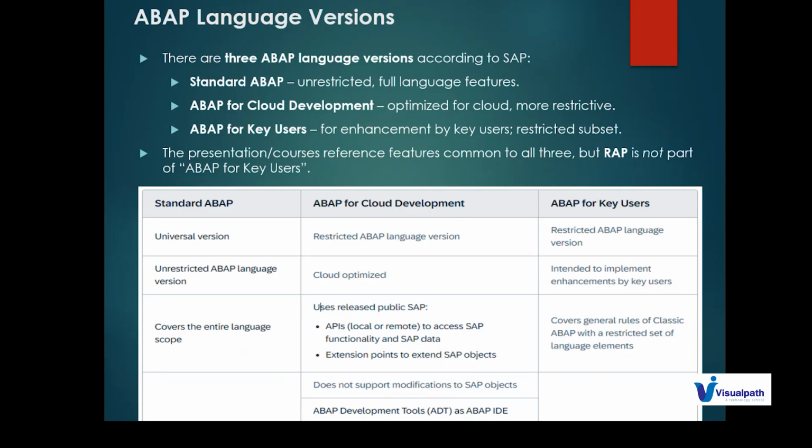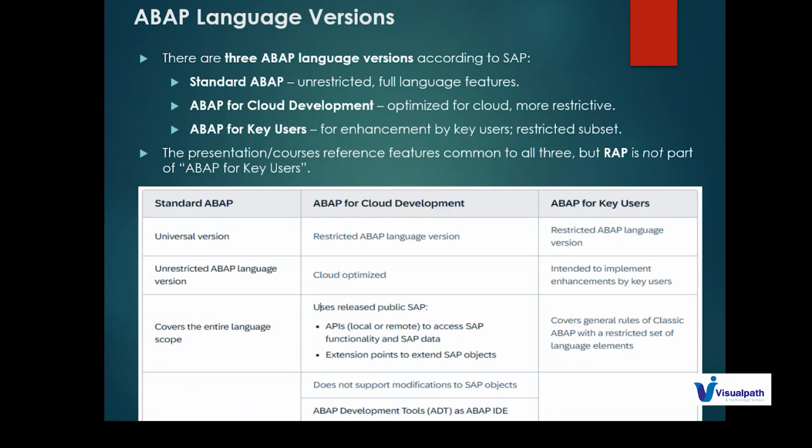Then ABAP for Key Users was the enhancement by key users, where you cannot do any custom development. But ABAP is famous for doing custom developments, and I have done so many custom developments, so I know better than that. ABAP is famous for custom development, but in cloud, this facility was not available.